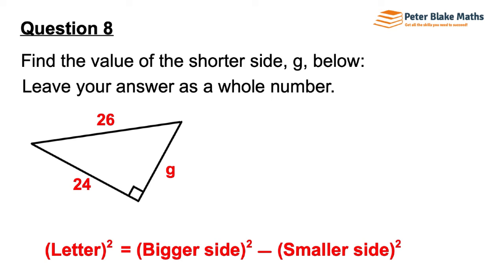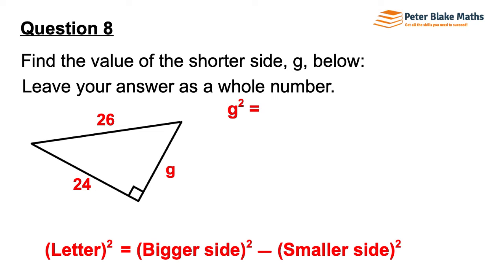So this is the Pythagoras version that I like to use for finding a shorter side. We start with the letter that we're trying to find, squared, equals the bigger of the two sides, squared, minus the smaller of the two sides, squared. So we've just rearranged Pythagoras a little bit, and we just have to remember that when we're finding a shorter side, there's a minus involved.